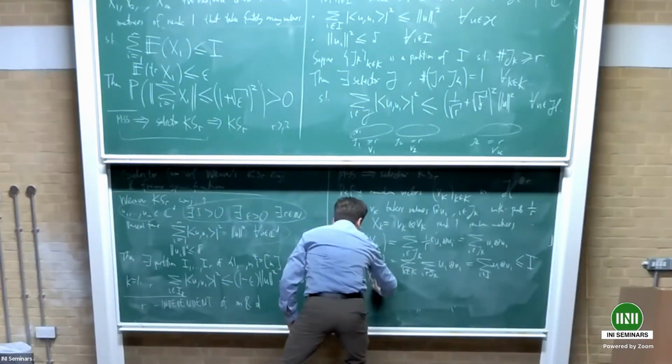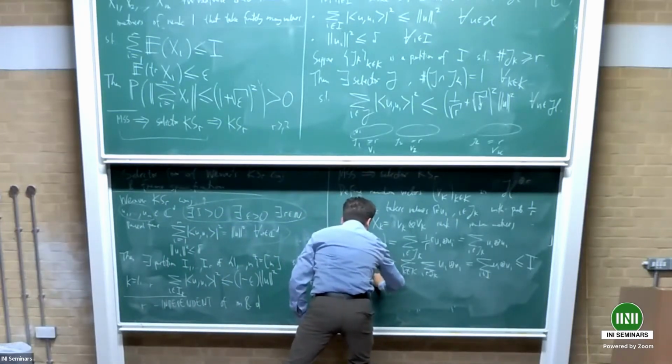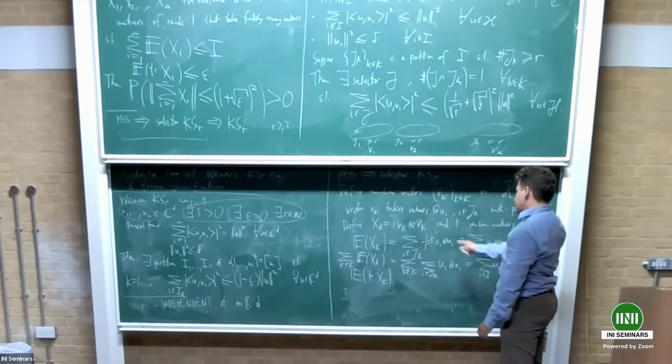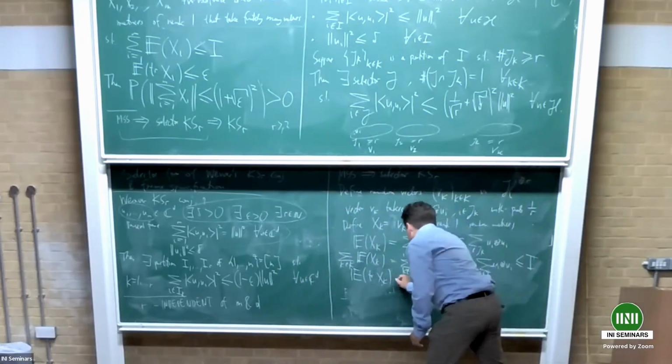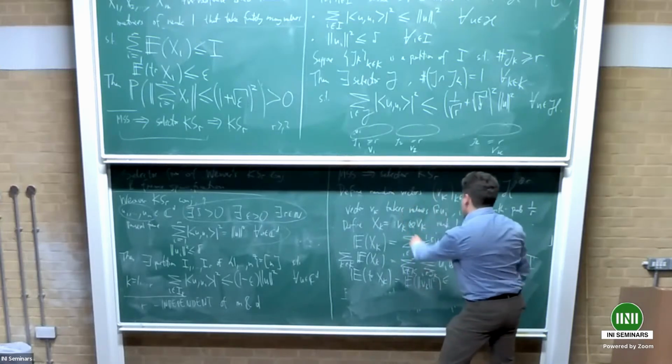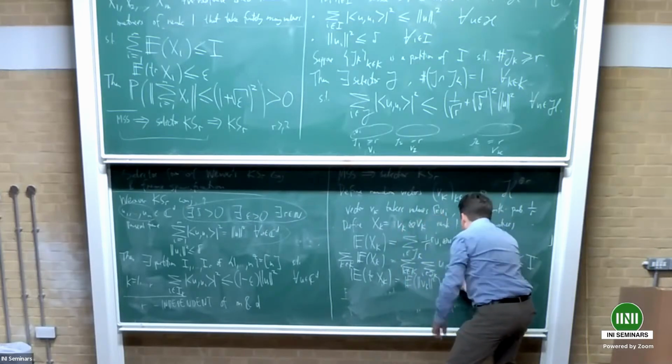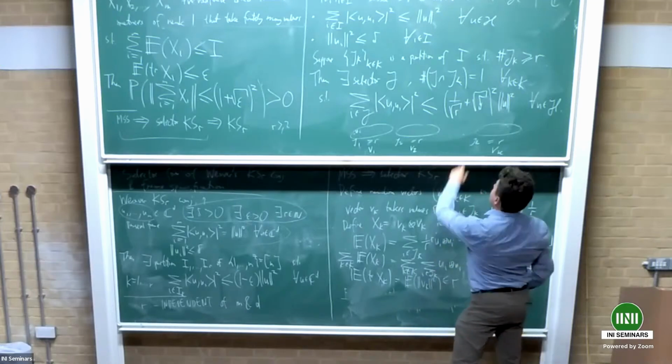The expected value of the trace of XK is just the expected value of the norm of VK squared, which will be less than or equal to R times the norm of UI squared, and we assumed that is less than delta.